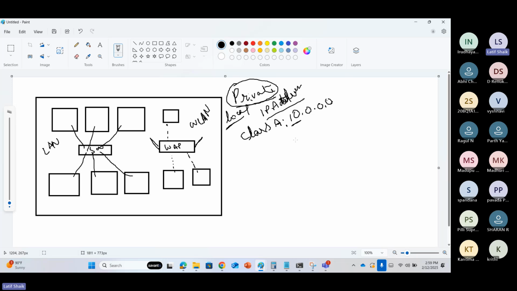Maybe because of that, they gave only the 10 series. That range is 10.0.0.0 to 10.255.255.255. This is the complete range I have written.